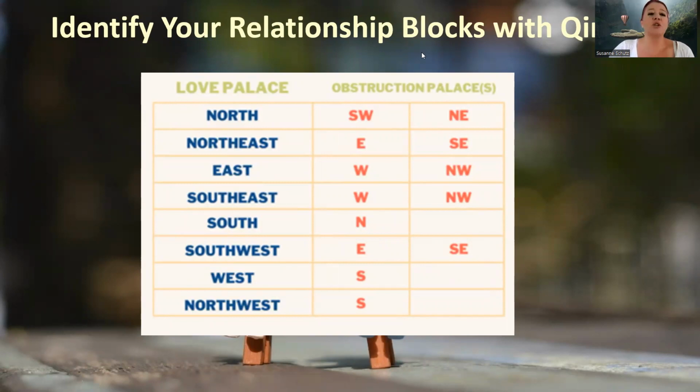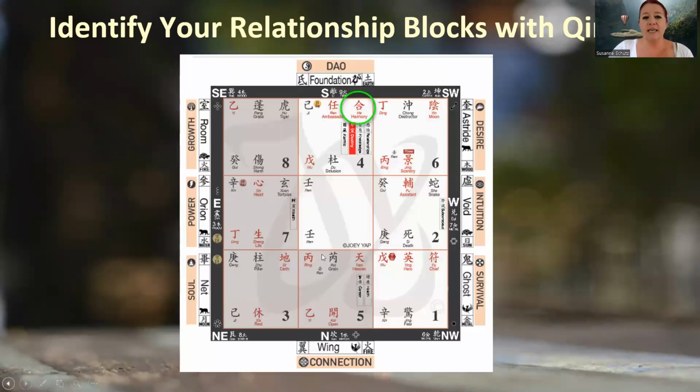Now, once you know this, you check which direction it is in. In this particular example, it is in the south, because here's an S. If it was here, it would be the southwest. Here is the west. These letters at the outer rim of this chart indicate the direction. So for this particular person, the relationship palace is in the south.